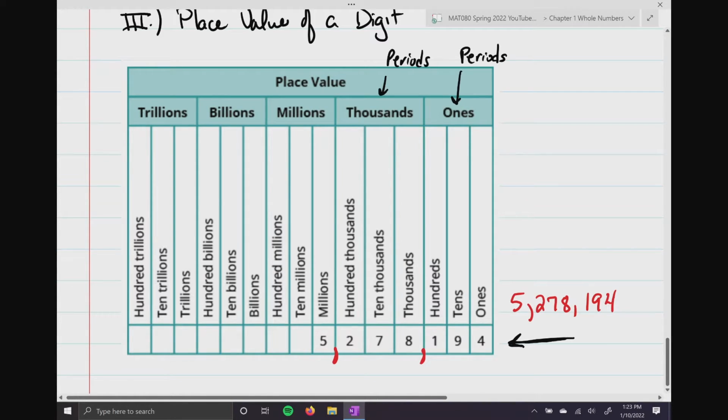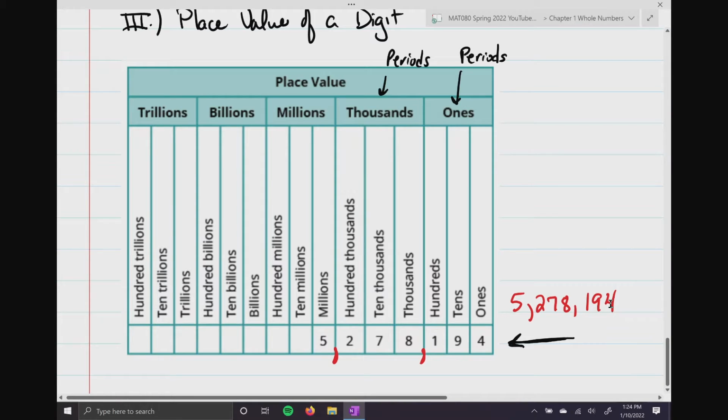Now, reading numbers, I'm going to get very technical with that in a second, but I do want you to realize that you didn't hear me say the word and, because when we read whole numbers, there is no and. Although a lot of us would probably read this with an and, that is actually incorrect, and I'll explain why later.